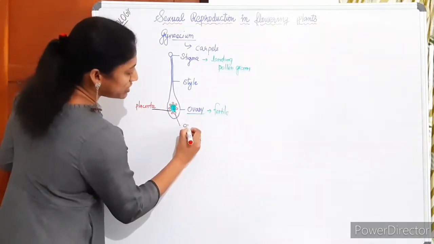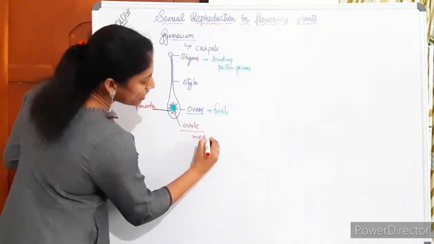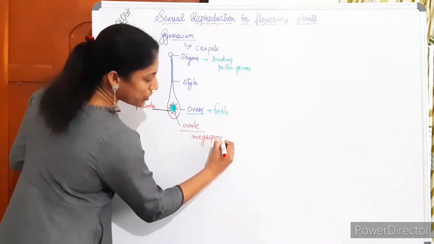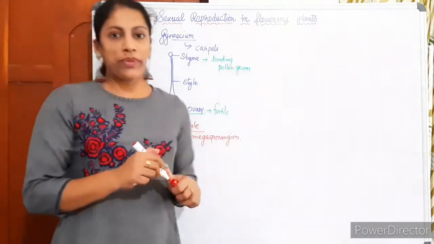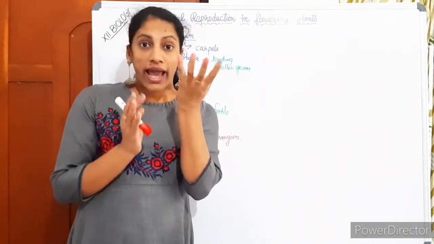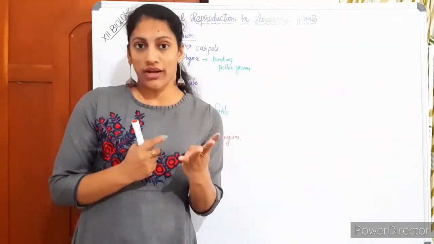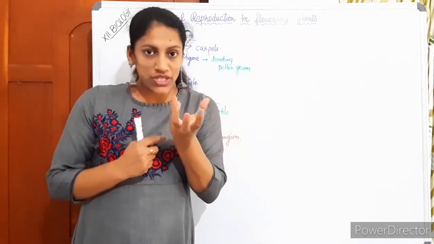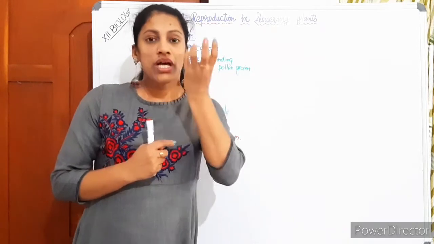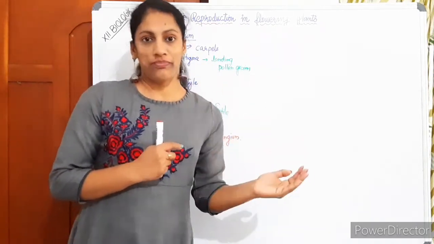The ovule is a megasporangium. So ovules are megasporangia; singular ovule is megasporangium. Did you get me? The anther consists of four microsporangia, whereas the ovary, the basal bulged fertile portion, consists of one or many megasporangia.